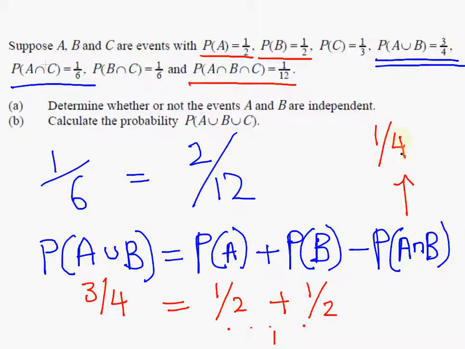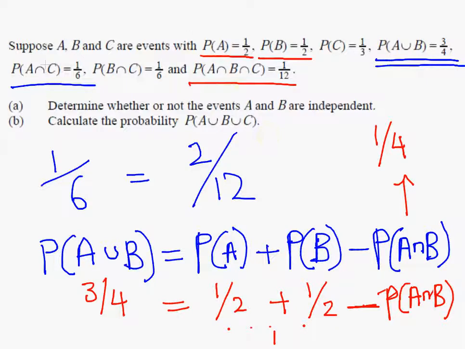It's what you subtract from 1 to get 3/4. Just to be clear, it's the difference between 1/2 plus 1/2, which is 1, and 3/4. That's just a minus sign there, it's not a double negative. So necessarily the probability of A intersection B is 1/4.